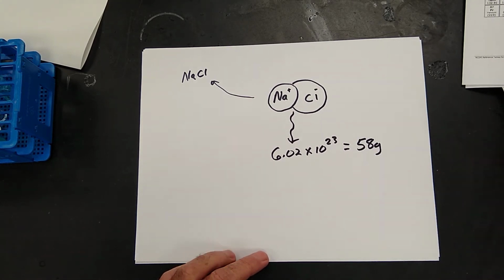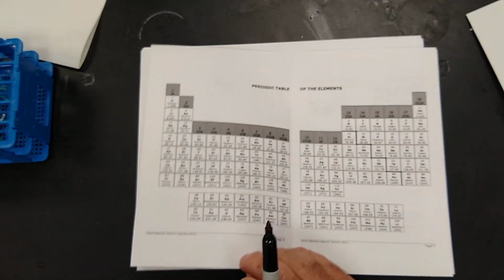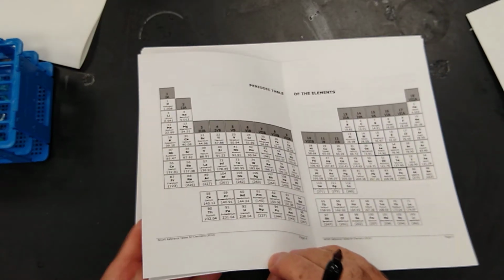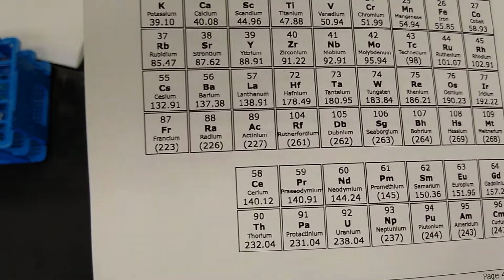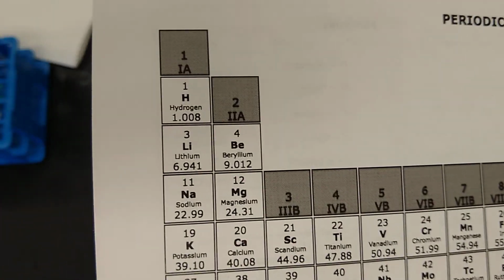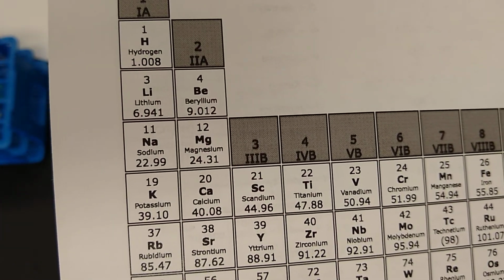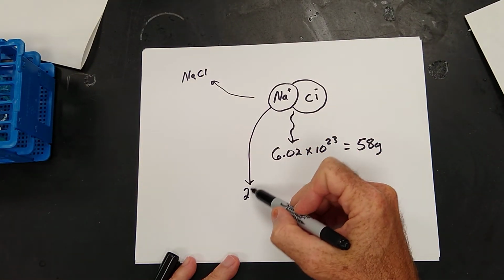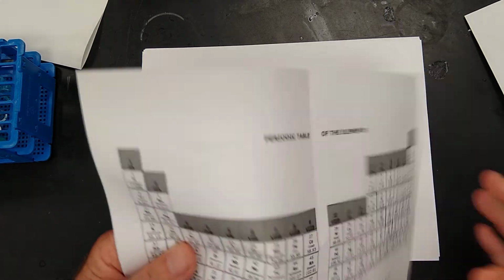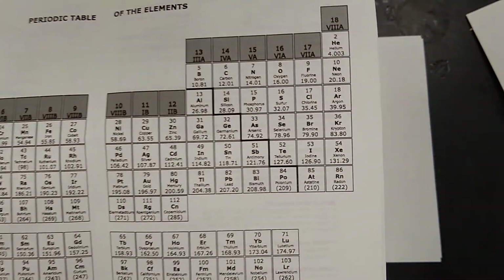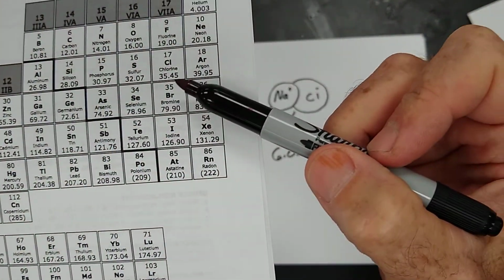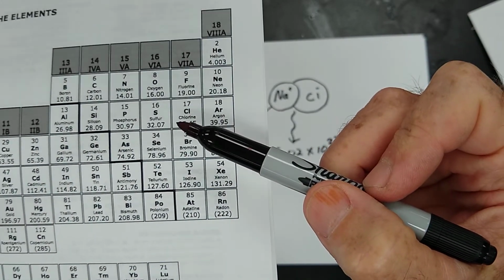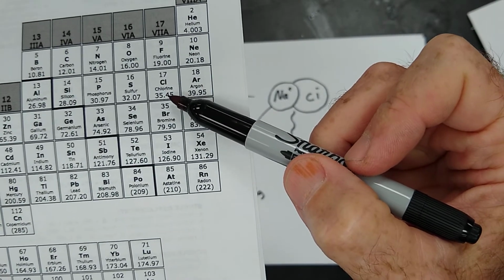Mr. Perkins, where are you getting this from? Well, I look on the periodic table here for sodium, and you'll see that the weight for sodium is 22.99. So I'm going to say the sodium is 23 grams. And then we go over here, and here is chlorine. The weight for an atom of chlorine is 35.45.